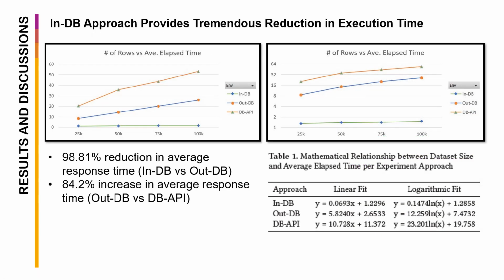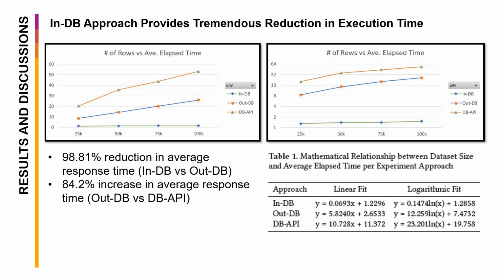So here's the result of the entire experiment. Again, we used four data sizes, which are 25,000 rows, 50,000 rows, 75,000 rows, and 100,000 rows. We have here the different average elapsed time for each of the approaches and each of the data sizes.